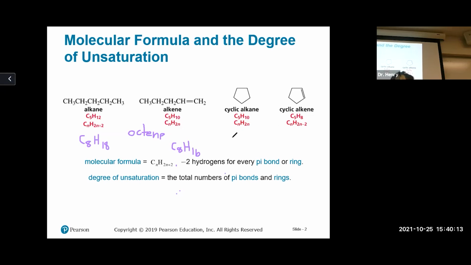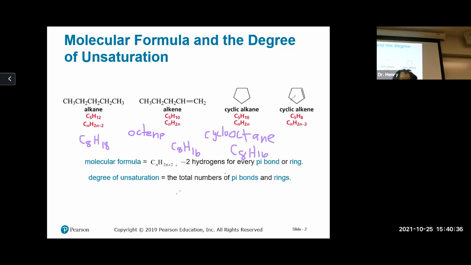So if we have cyclooctane, then that guy is going to be C8H16.